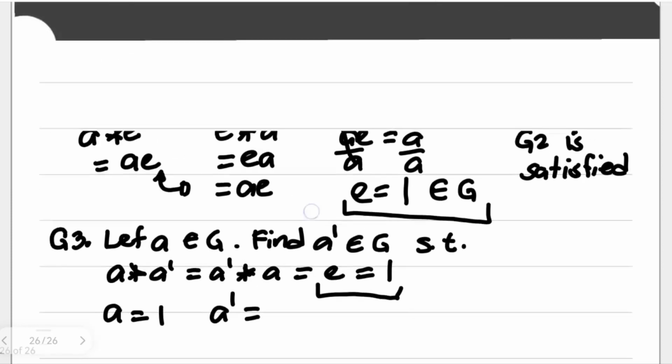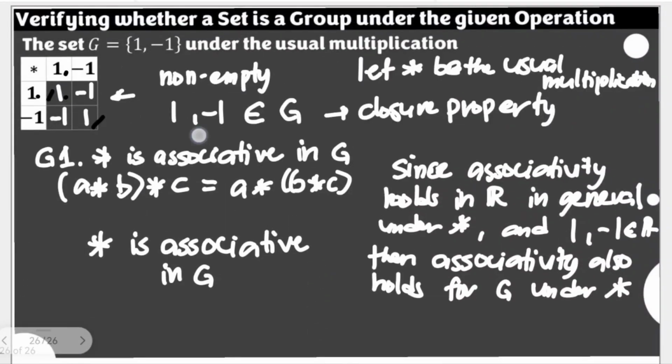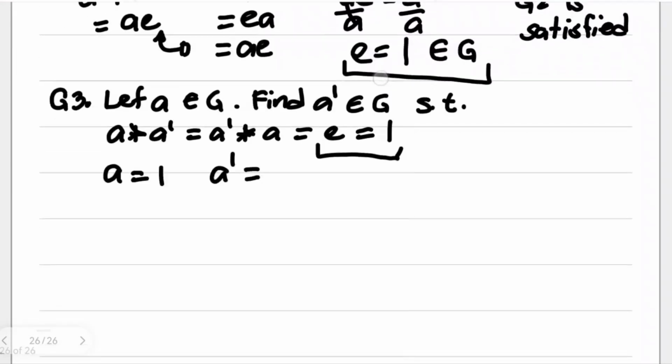So going back to our Cayley's table, for 1, where can we get 1? Here, it's actually 1 times 1. Therefore, the inverse of 1 is 1 itself. Or in symbolic form, the inverse of 1 is 1. And this is an element of G.